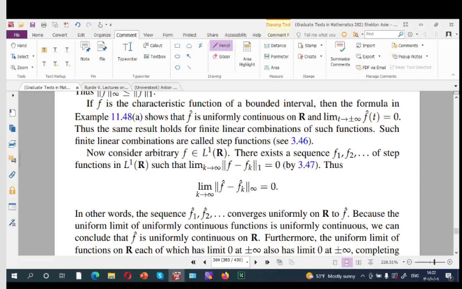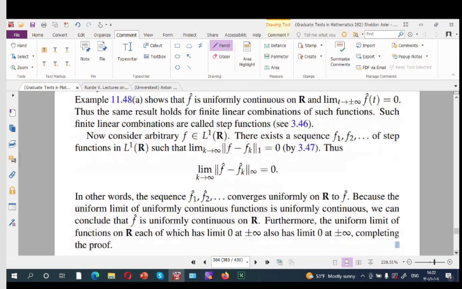The uniform limit of functions on R, each of which has limit 0 at plus and minus infinity, also has this limit.